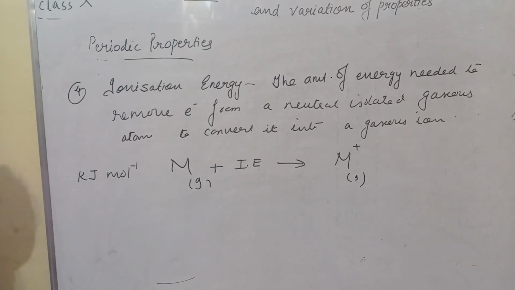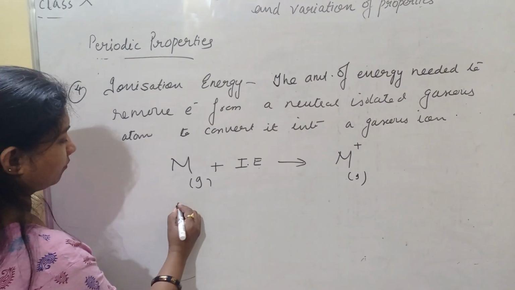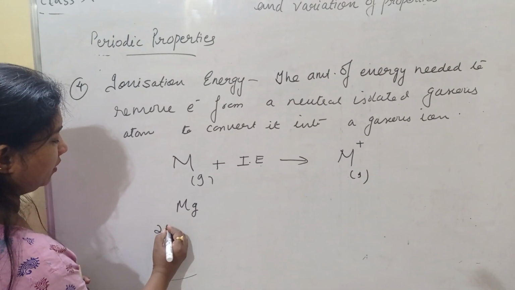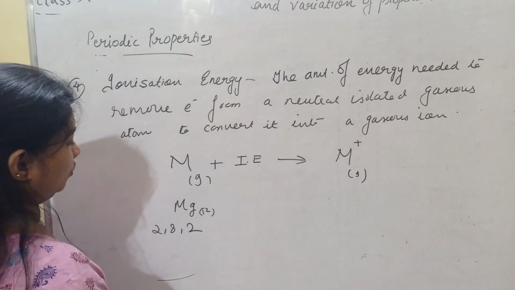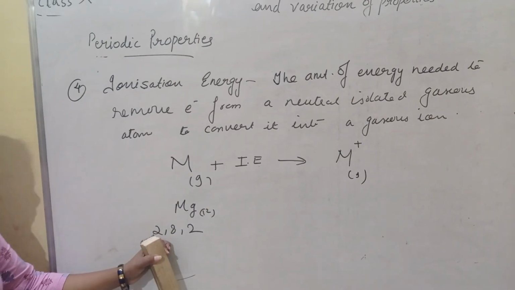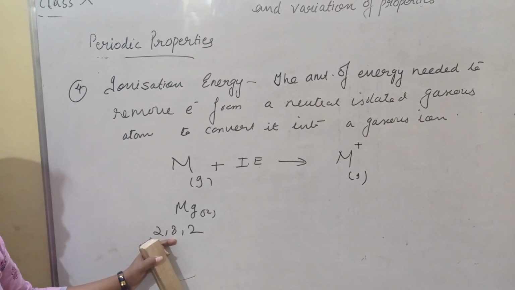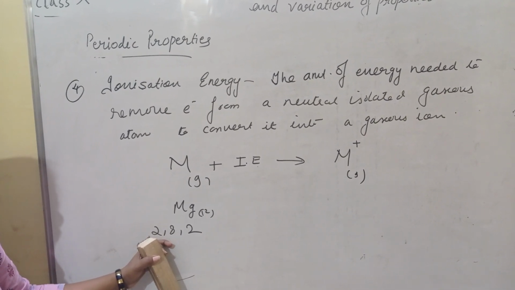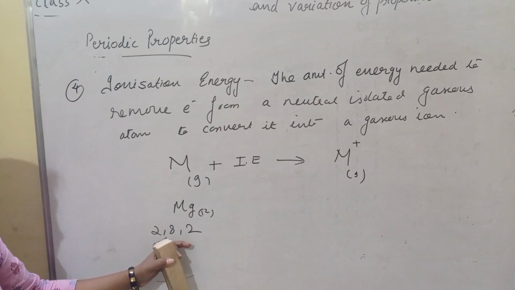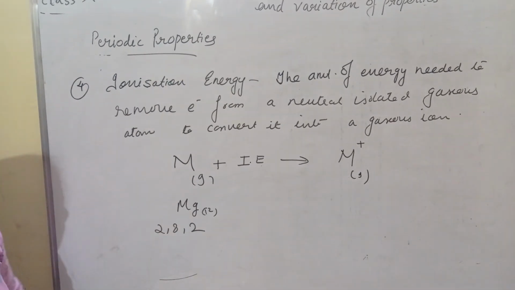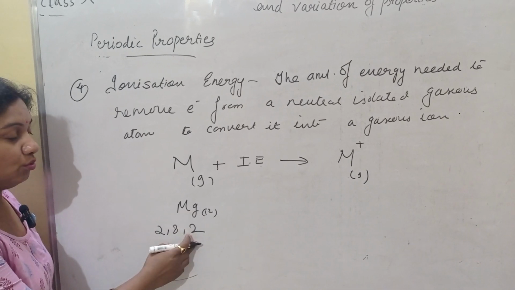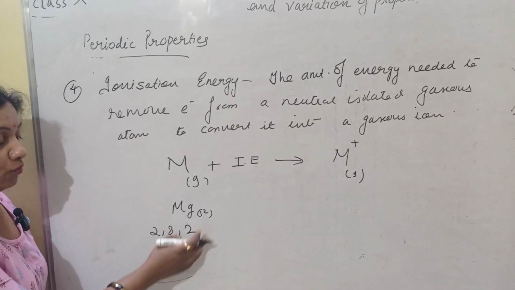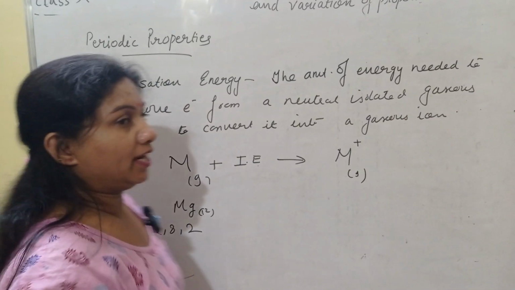Let's take an example. Magnesium, atomic number 12, configuration 2,8,2. To attain a stable electronic configuration of 2,8, it has to remove these 2 electrons from the valence shell. That means it has 2 extra electrons which it wants to remove. So for doing that, what do we have to do?